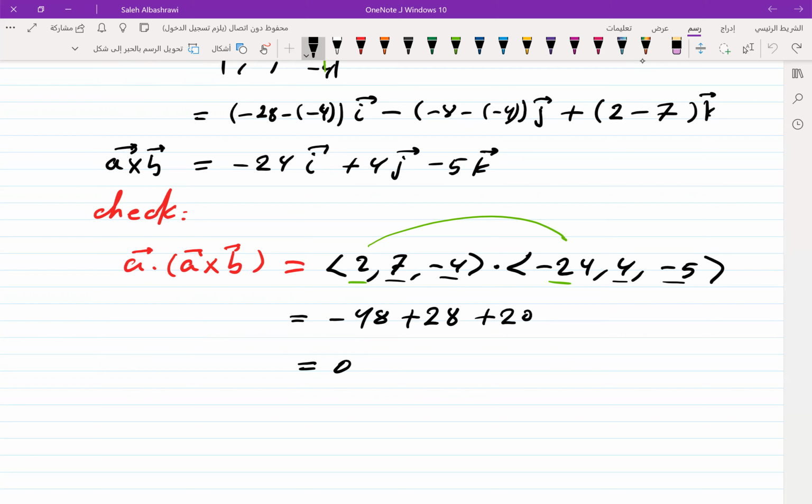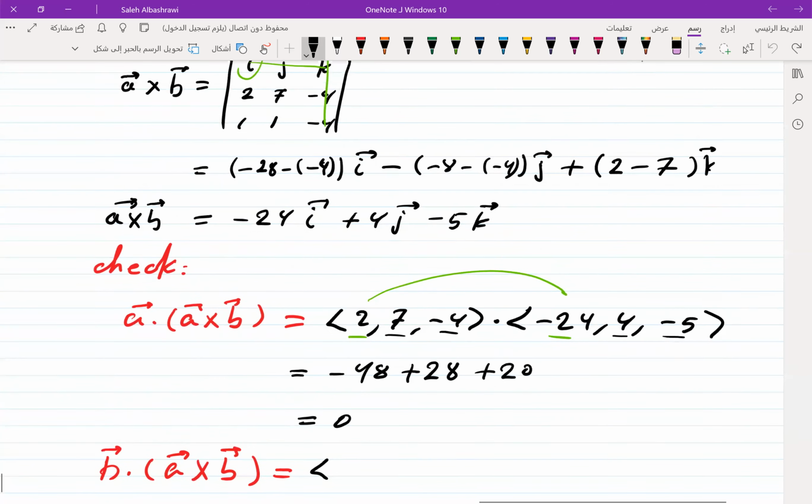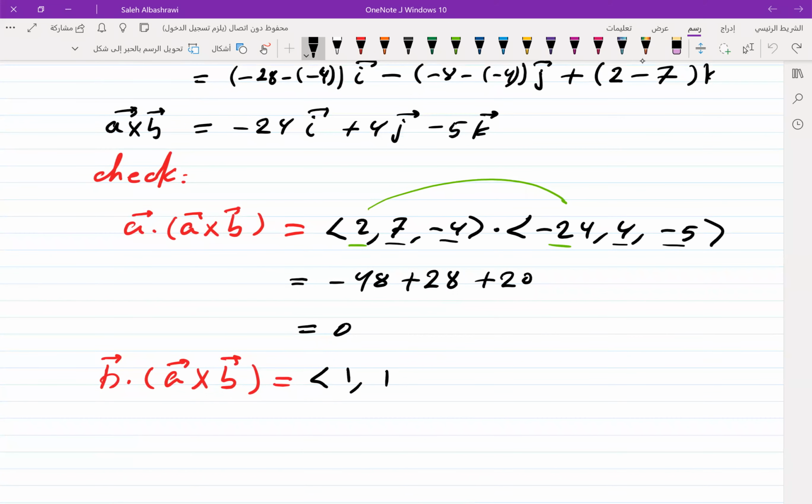We got 0. Now let's check the second one, B dot (A cross B). B is the vector 1, 1, and minus 4, dot A cross B, which is minus 24, 4, and minus 5.